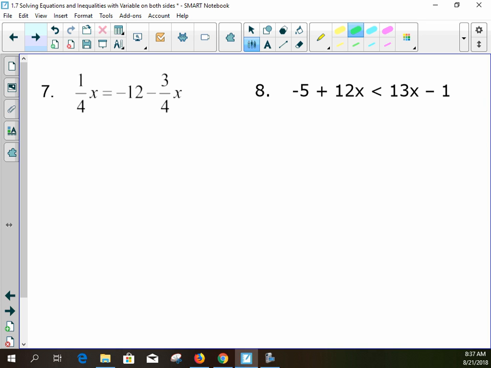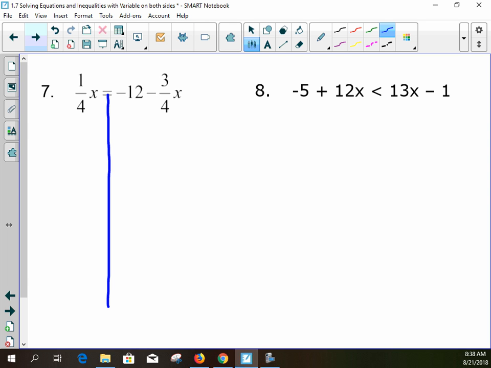Okay, number 7 is very important. Let's move on to number 7. I have to get all my numbers on one side, my numbers with letters on the other, right? So what am I going to move? What's that? I cannot get rid of the fraction right here.